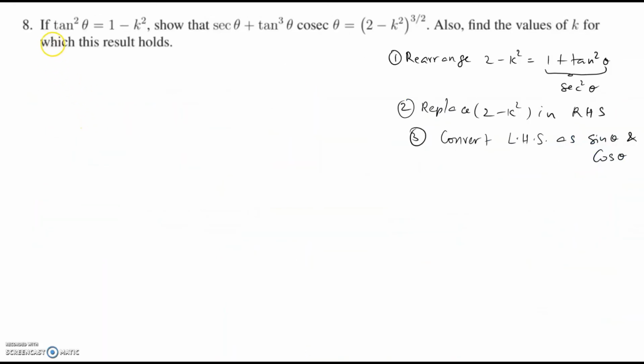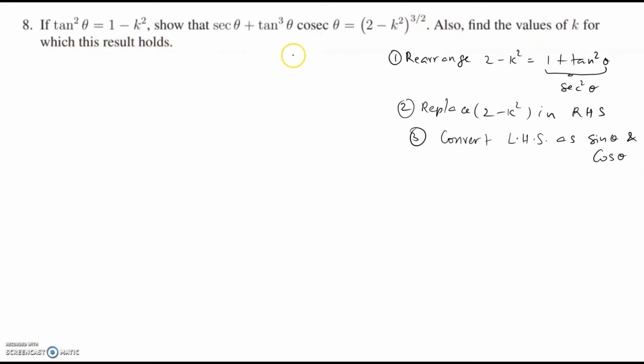Question number 8. If tan²θ is equal to 1 - k², show that (secθ + tan³θ) cosecθ is equal to (2 - k²)^(3/2). Also find the values of k for which the result holds.